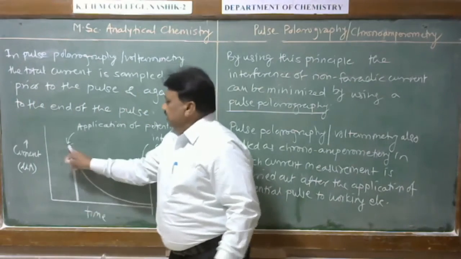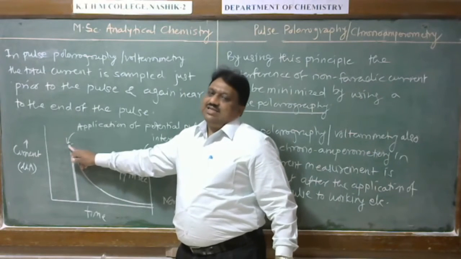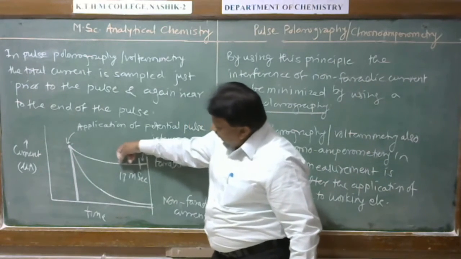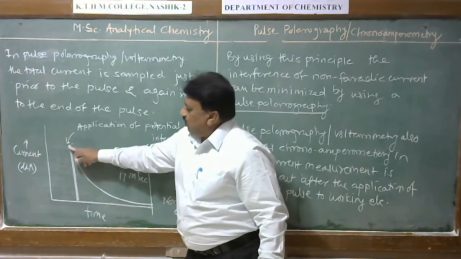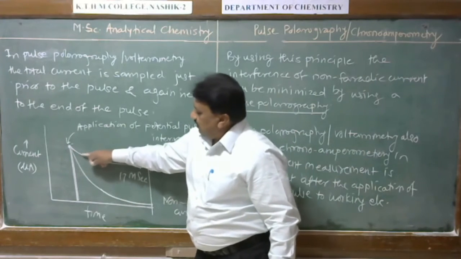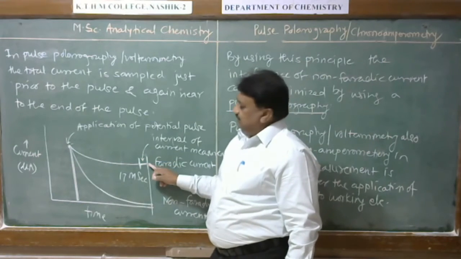Therefore, when potential pulse is applied to working electrode, faradic as well as non-faradic currents are identical. But when potential pulse continues for some time, the non-faradic current decreases rapidly, while faradic current also decreases for some instant, but it becomes a constant.